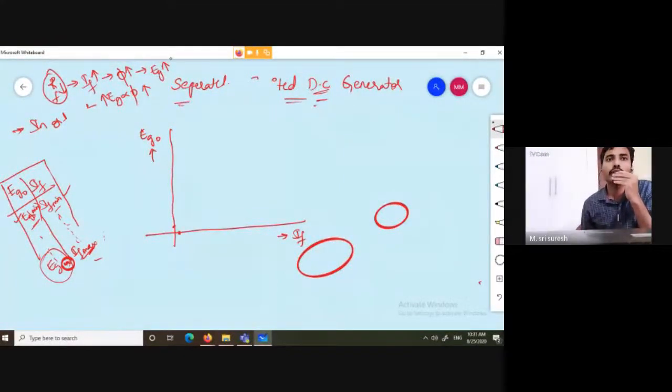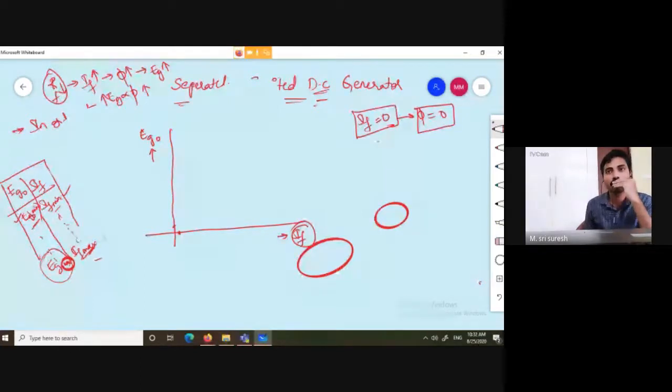But there is some residual magnetism present in the poles of a DC generator. Without a field current, that means IF is zero, flux in the generator should be zero. But practically, due to the residual magnetism concept, there is some flux present even when field current IF is zero.